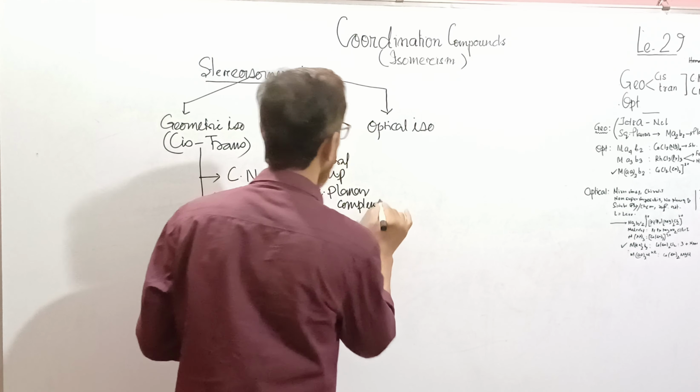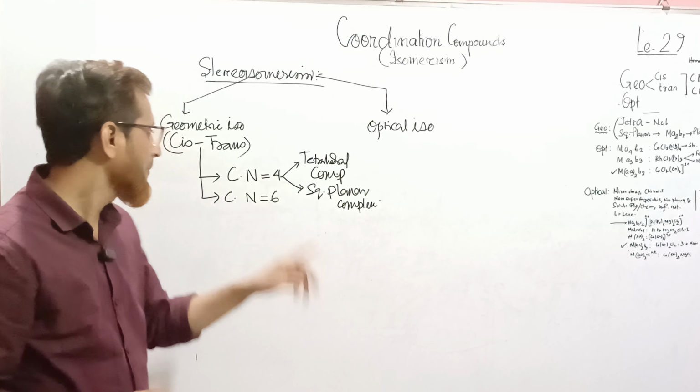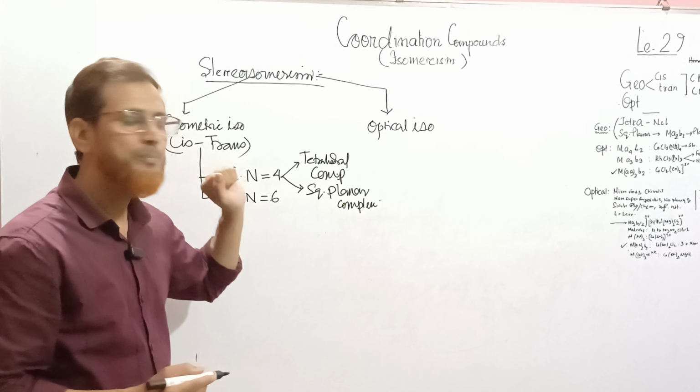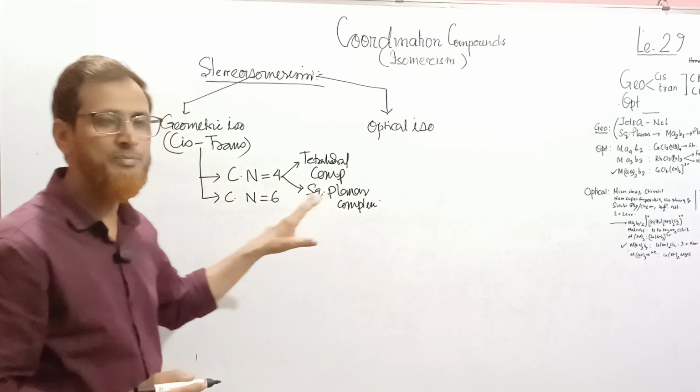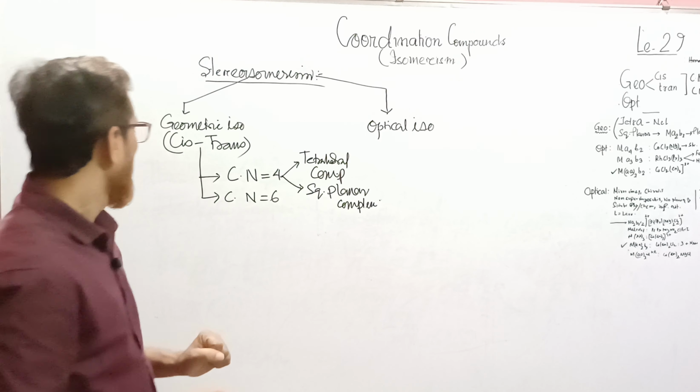One is tetrahedral complex, the other is square planar complex. So there is a question of the structure. You must be familiar with the structure of complexes. A bit later I will in short give you the structures of tetrahedral, square planar, octahedral and pyramidal complex types. I will explain a bit later.